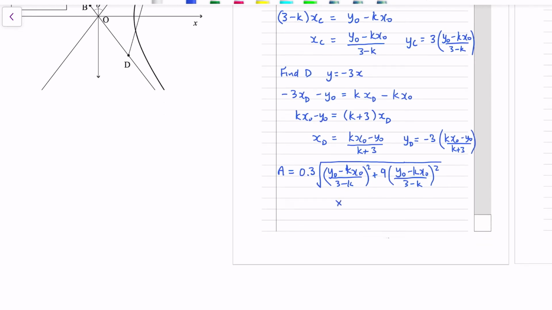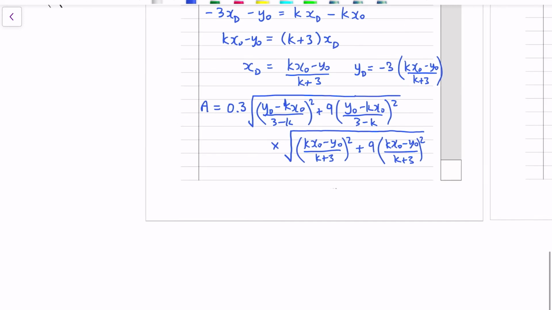Multiplied by the other one, OD. All squared the x value, plus 9 lots of the other one. Okay, and then because the things underneath the brackets are the same, we've got that thing repeated, and that thing as well. They're different, but underneath the square roots are the same.